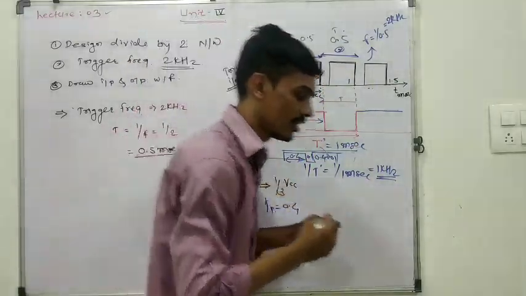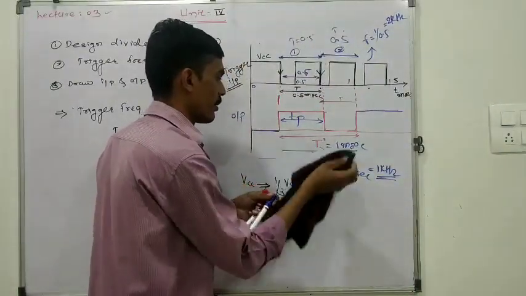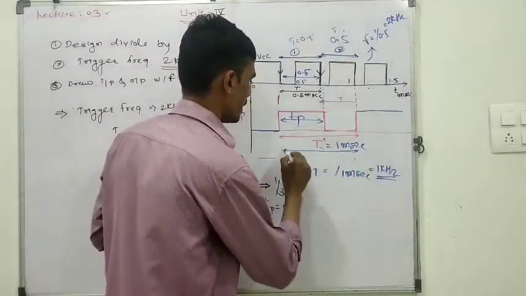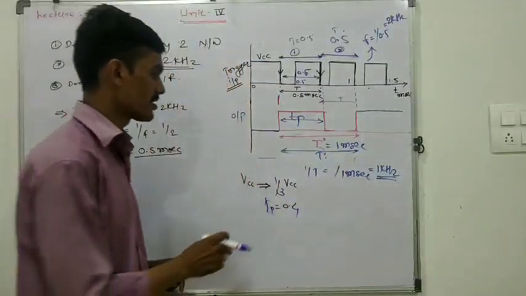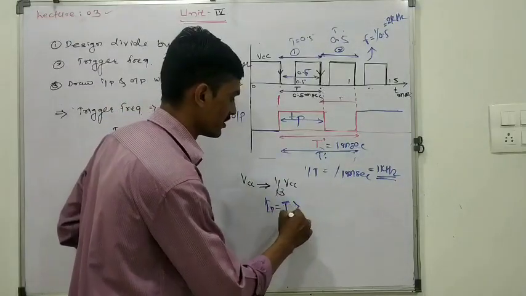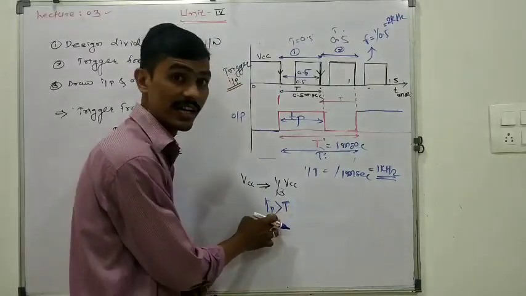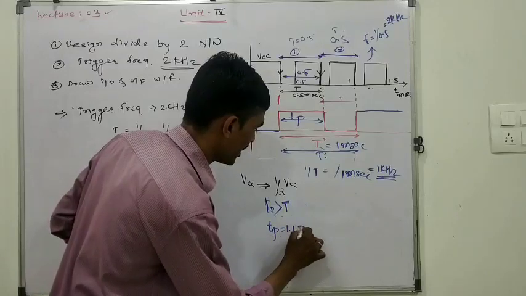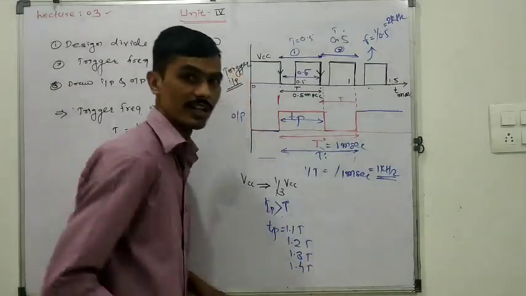So that we don't need. Is it right? That is not the requirement of our problem. So how are we going to decide this? We are deciding that this Tp must be greater than this T. You can take Tp as 1.1 T, 1.2 T, 1.3 T, 1.4 T. There is no problem.